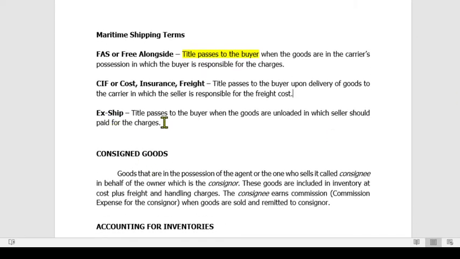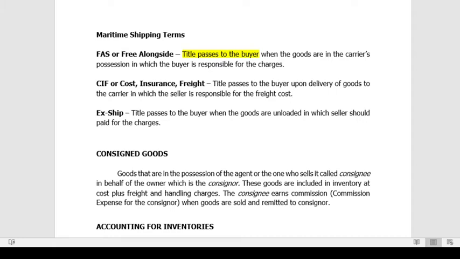X-ship. Title passes to the buyer when the goods are unloaded, in which seller should pay for the charges. So, kapag in-unload pa lang yung mga items, the ownership is on the buyer na. And the seller will pay for the charges.